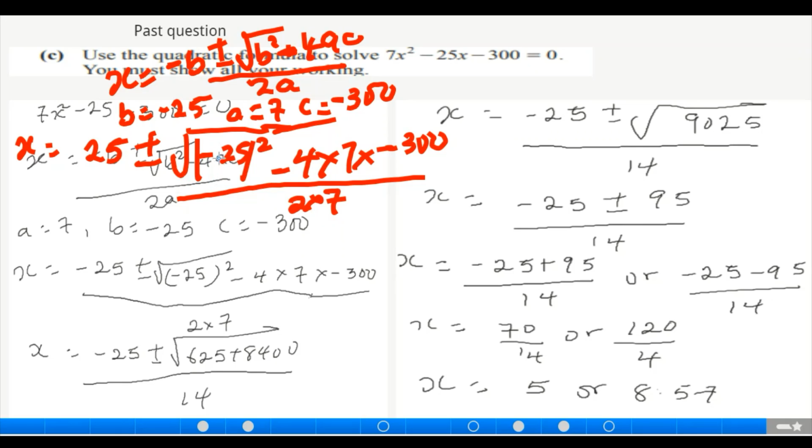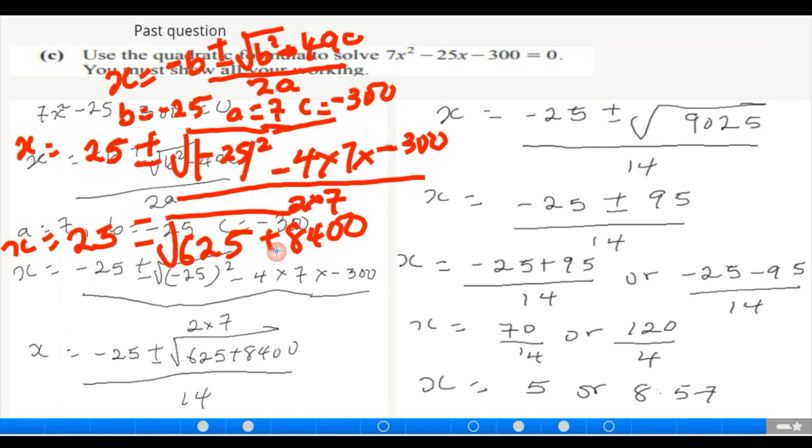What is minus 25 squared? That is 625. So we have x equals 25 plus or minus the square root of 625. Now 4 times 7 times 300 gives us 8,400. Minus times minus gives plus, so we have plus 8,400. 2 times 7 is 14.